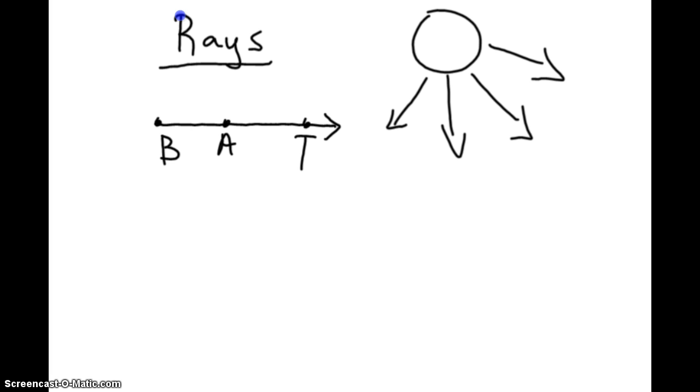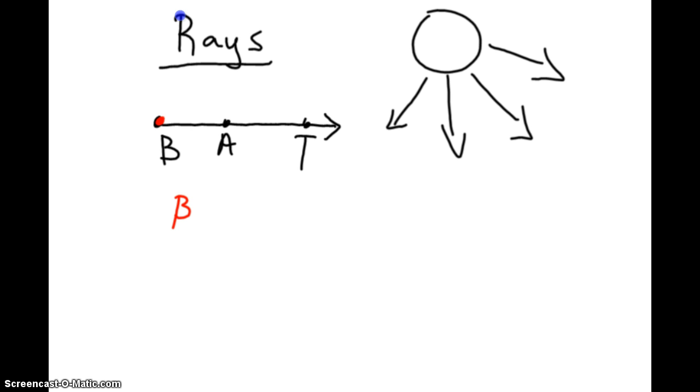The rays for geometry are part of a line, but it has one endpoint. Now the funny thing is, this endpoint is actually the beginning of this ray. But you just need to know that because it does not have an arrow on the end here, it is called the endpoint.